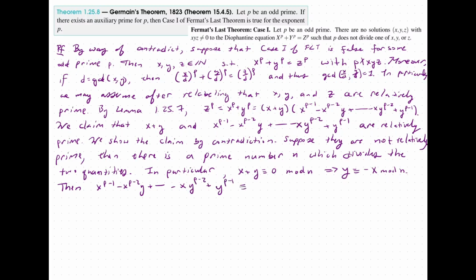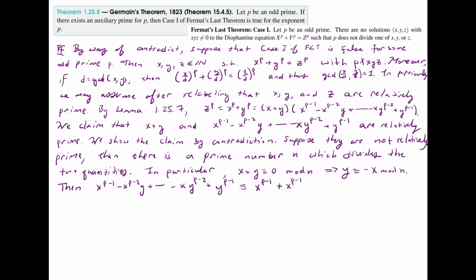This is going to be congruent, since y is congruent to negative x, to x to the p minus 1, and then minus x to the p minus 2 times y, which is now negative x. So that's going to give us a plus x to the p minus 1 right there.